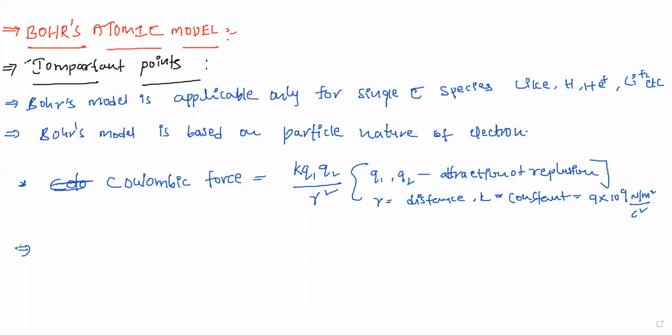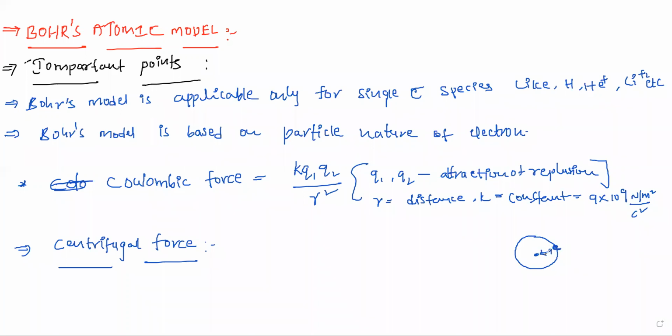And one more important formula to remember, centrifugal force. Centrifugal force is nothing but the repulsion force away from the nucleus in an atom. For example, this is an atom containing a nucleus, and the electrons are revolving around the nucleus.